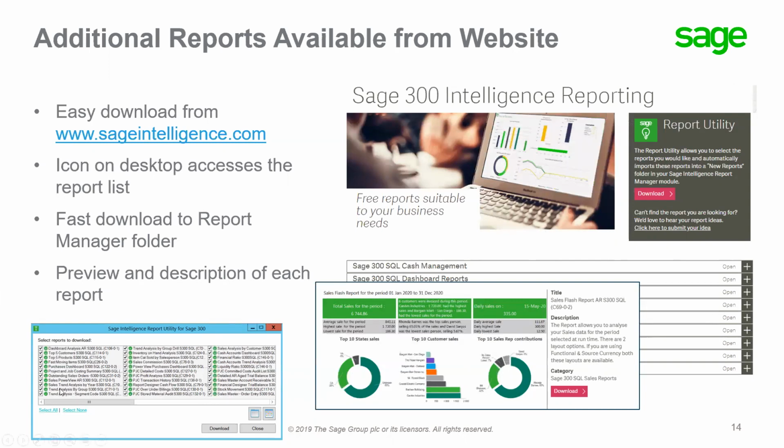Actually, you can see that we'd be scrolling over, so there's quite a few reports available for download, all free. And these are templates. They're built for the general user. Remember, you can customize them and change them, or have Acumen take a look at those reports and customize them to meet your specific needs.